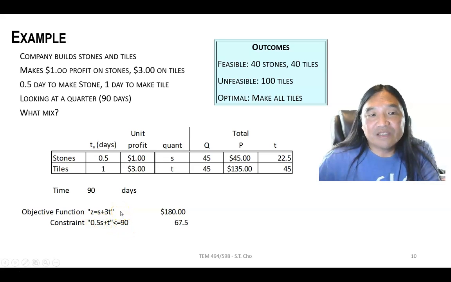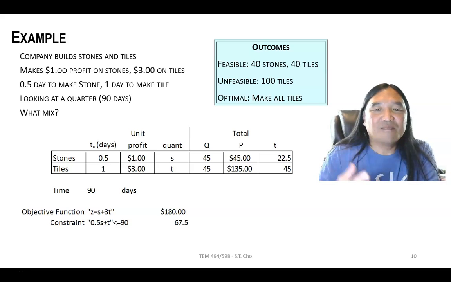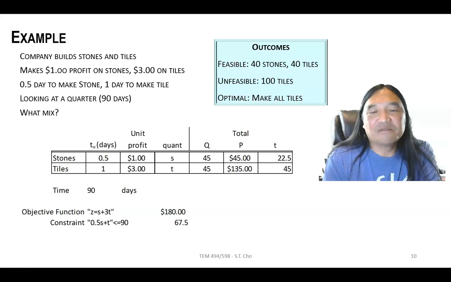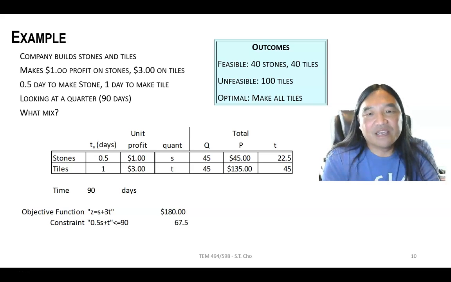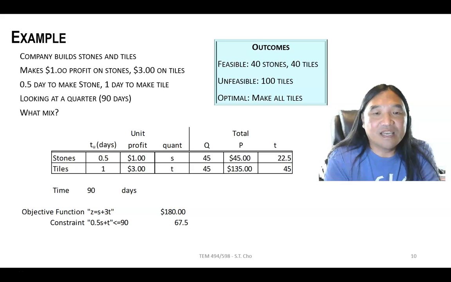To make as much money as possible. So my profit is equal to the number of stones times $1 plus $3 times the number of tiles that I actually make. And that's what I'm trying to optimize. I'm trying to figure out the quantity, how much money it's going to make, the profit, and how much time it's going to take.